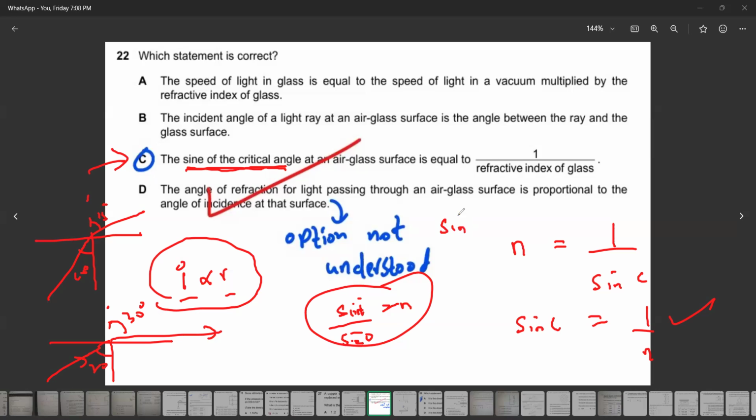When the value of sine of angle i increases, sine of angle r also increases. They are proportional to each other, but i is not proportional to r. So that's why option D is also incorrect. Is it clear? Why is option D incorrect?